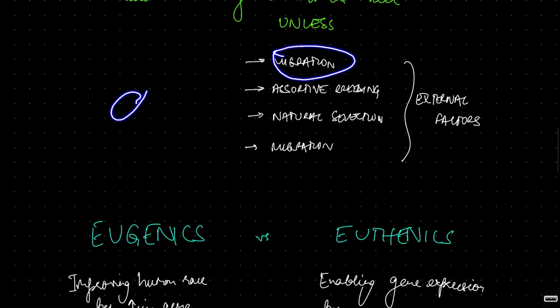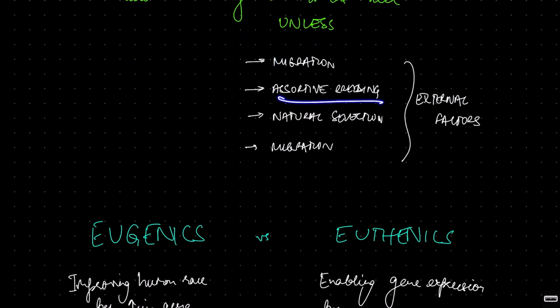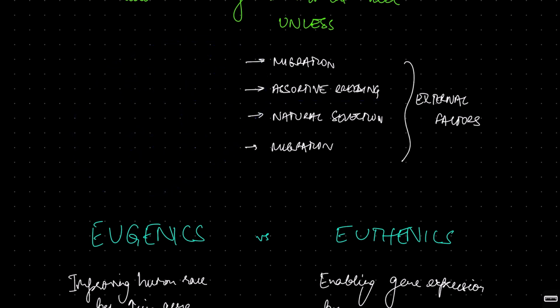But let's say there is migration. Let's say some population, the people with population A migrate out of the population, or assortative breeding. That is, the population with only some alleles like A and B, they tend to breed, the remaining don't breed. That is assortative breeding. Selective breeding. Natural selection. One of the alleles is poor in terms of its expression. That is, they cannot survive in the harsh environment and they die off.